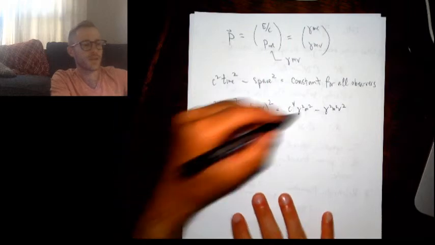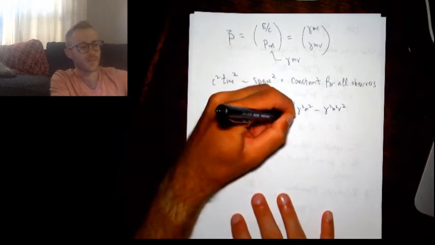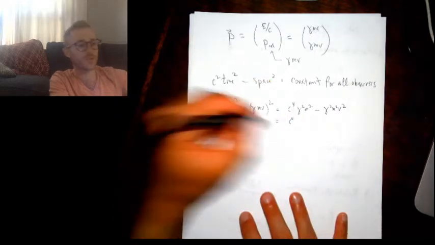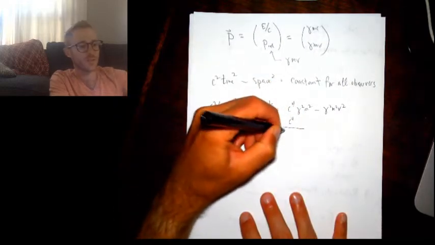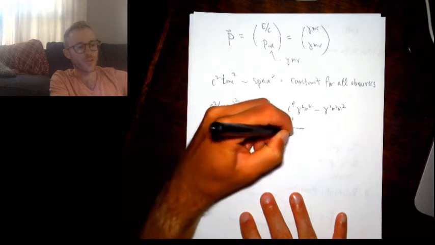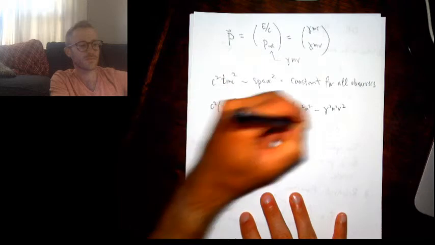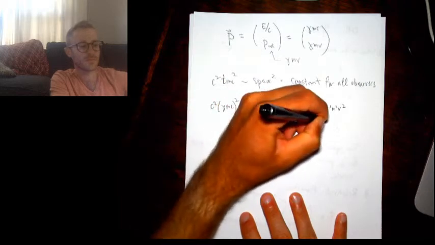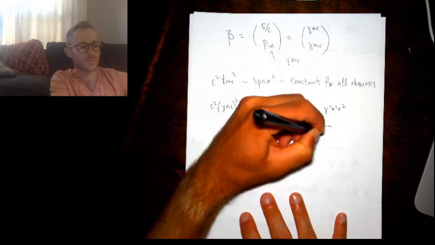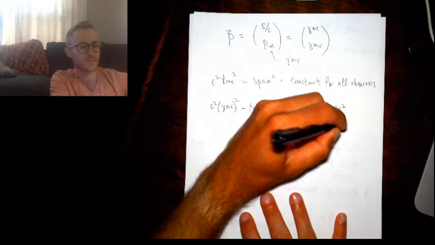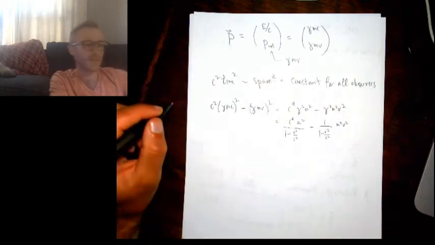So gamma is 1 over the square root of 1 minus v squared over c squared. If we square gamma, it gets rid of the square root.